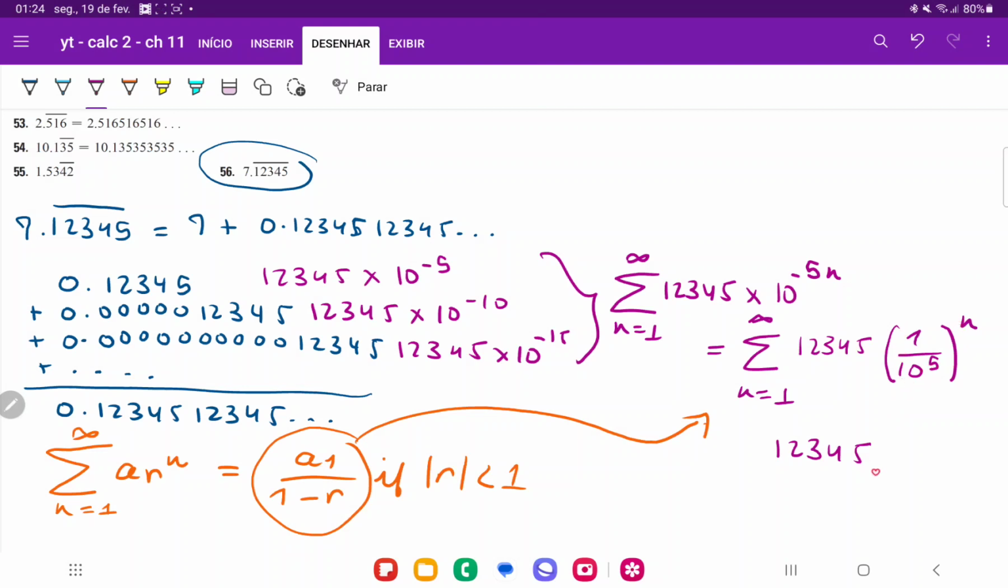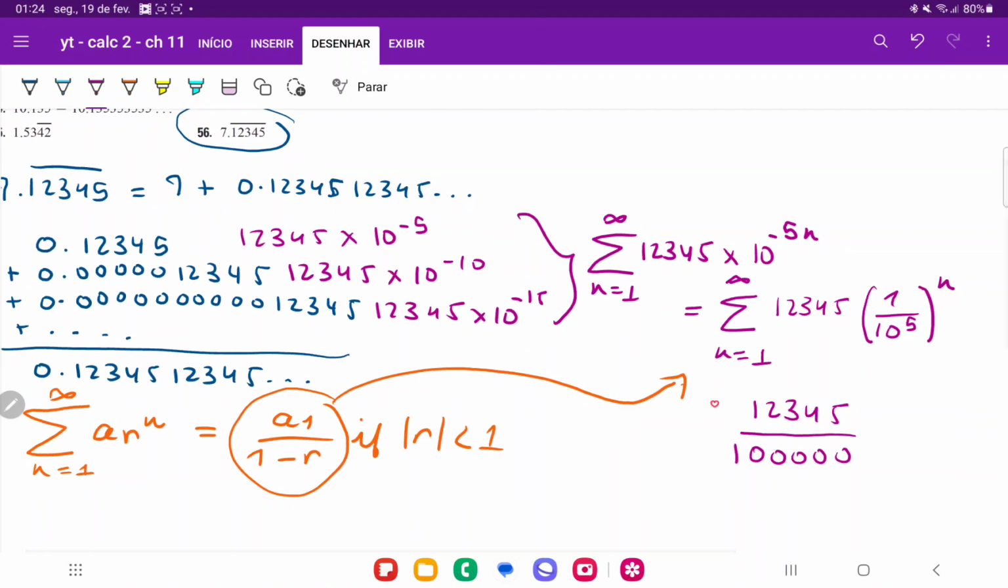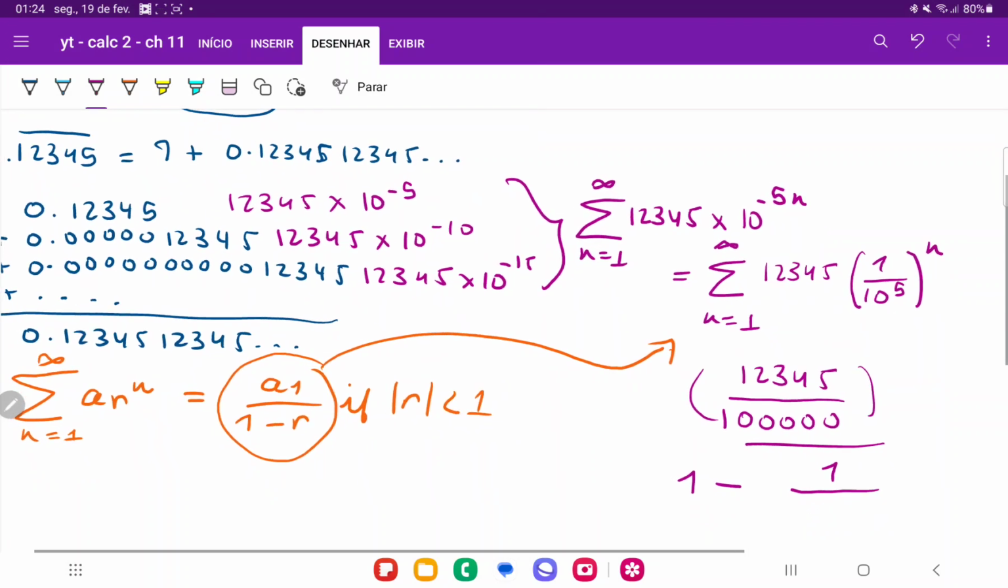Maybe I'm just going to write the expanded version, 12345 over 10 to the power of 5. So that's a sub 1, right? All over the denominator, which is 1 minus the ratio. So that's 1 minus 1 divided by 10 to the power of 5, which is 1 followed by 5 zeros.